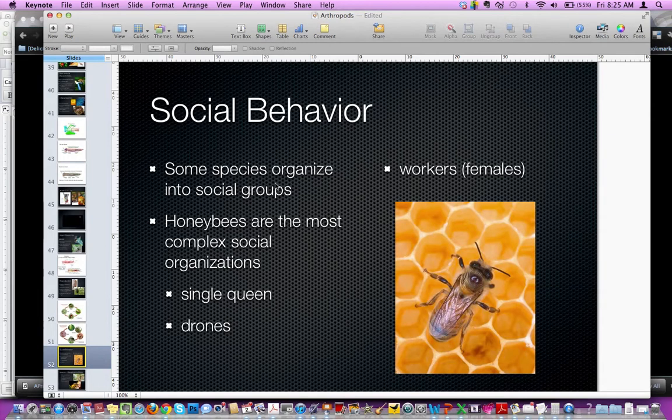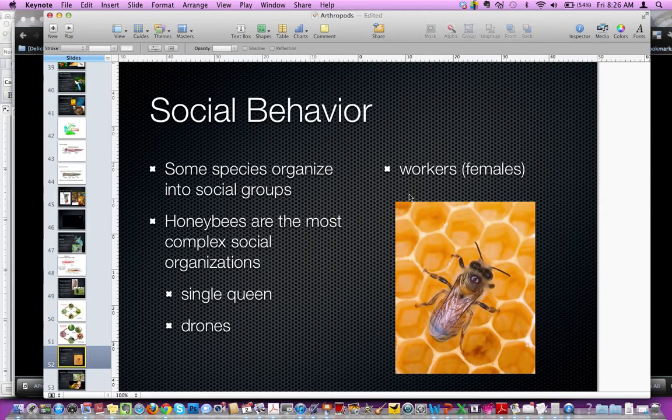Out of all of them, honeybees are probably the most complex social organizations, although ants can be pretty complex too, because ants can have several different types of ant living in one colony. So when you're in a colony, it's kind of like what we learned about earlier with cnidarians. Some have certain jobs, and that's the only job they do, but they contribute to the entire colony working. However, what's different is a lot of them can kind of survive on their own, but they kind of can't.